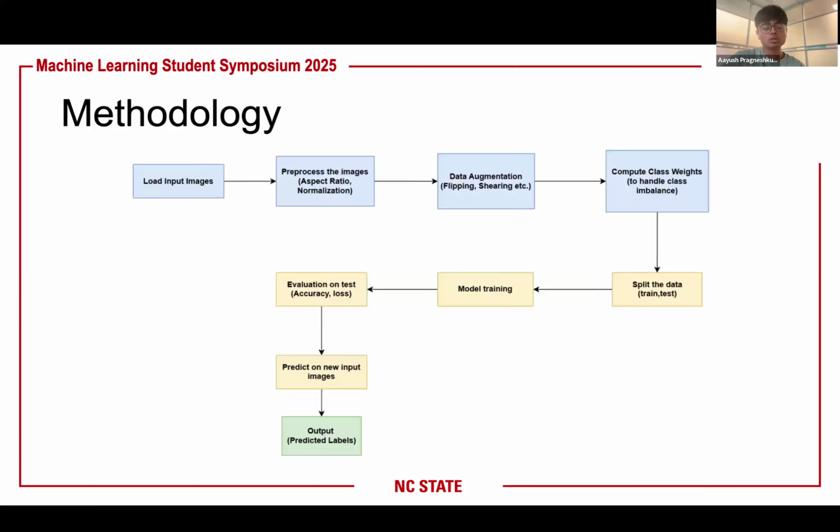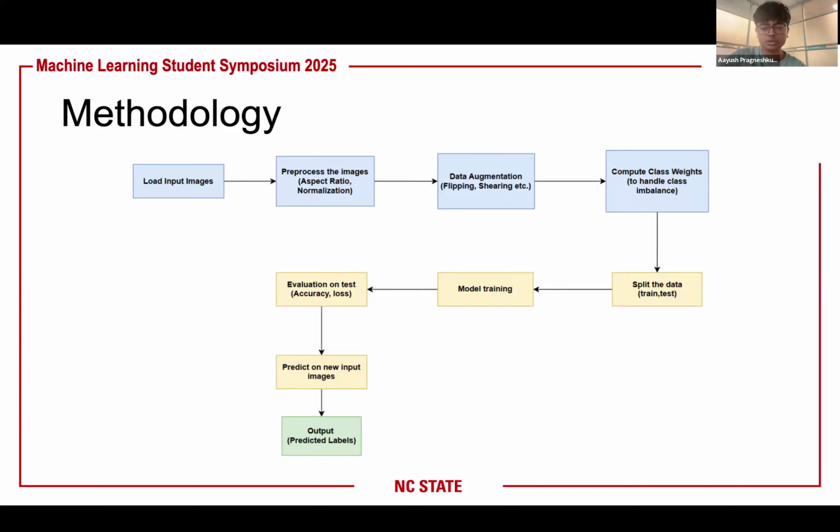So this is the methodology which we followed. First, we load the input. Then we did aspect ratio normalization during the pre-processing part. Since there was a class imbalance problem, we did data augmentation, and we also computed class weights.